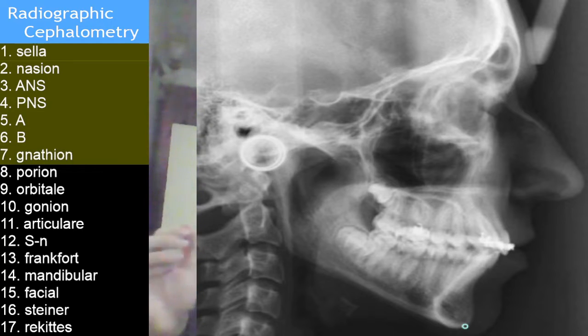Now we discuss the gnathion. What is the meaning of the gnathion?